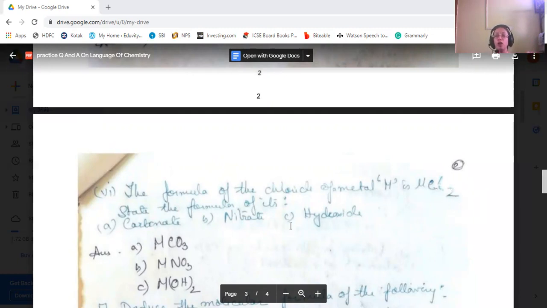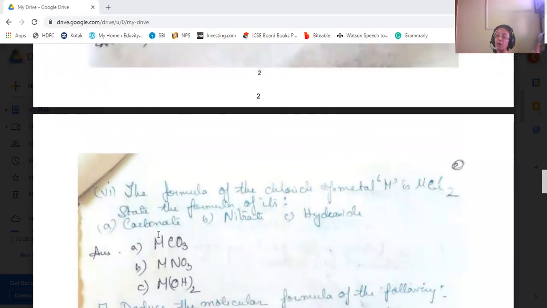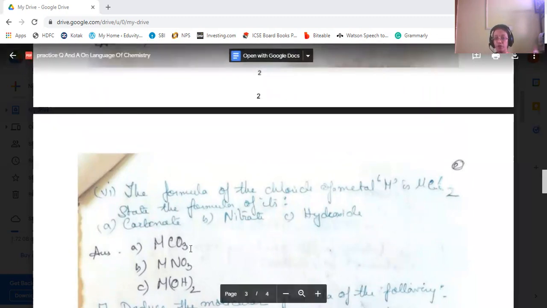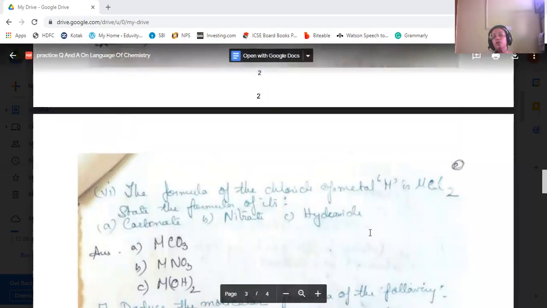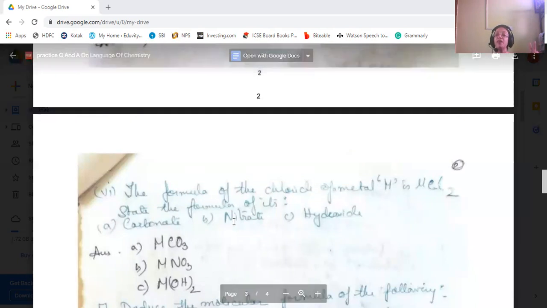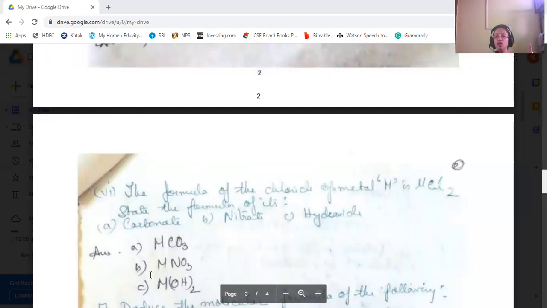So what will be the formula when we are combining M with carbonate, M with nitrate, and M with hydroxide? The formula will come to MCO3, because M has two valencies and CO3, that is carbonate, also has two valencies. Nitrate has one valency, so it will be M(NO3)2, not MNO3.